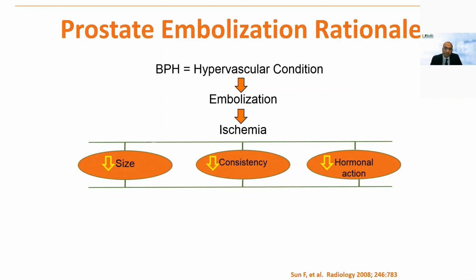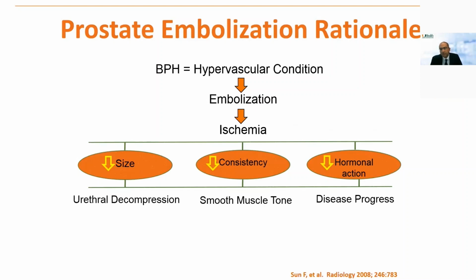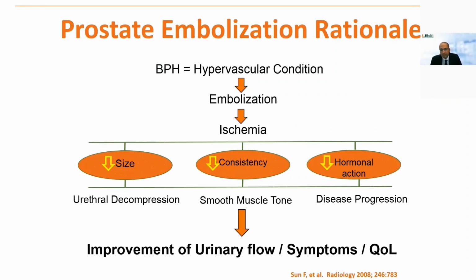It will reduce the size of the prostate, reduce the consistency of the gland, and reduce hormonal action, which will lead to urethral decompression, altered smooth muscle tone, and altered disease progression with ultimately improvement of urinary flow, relief of obstruction, relief of symptoms, and improved quality of life.